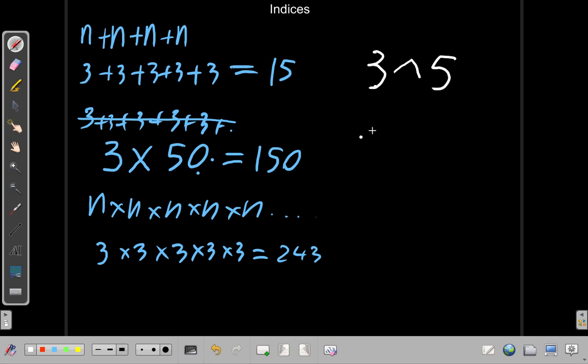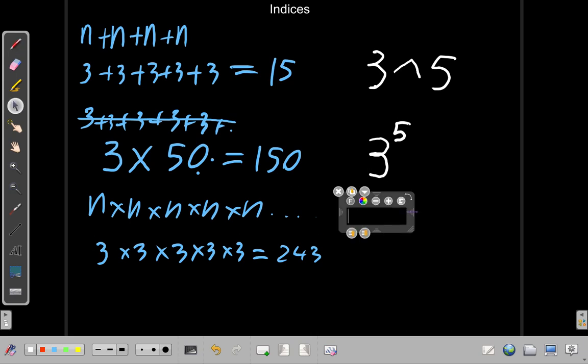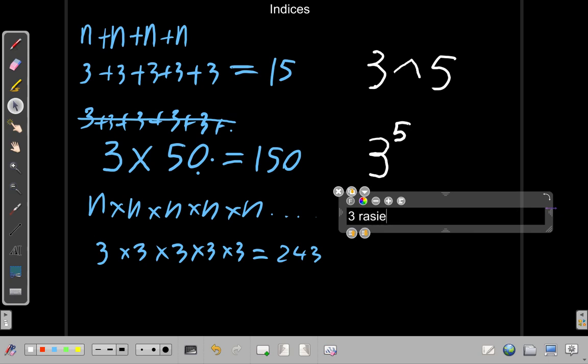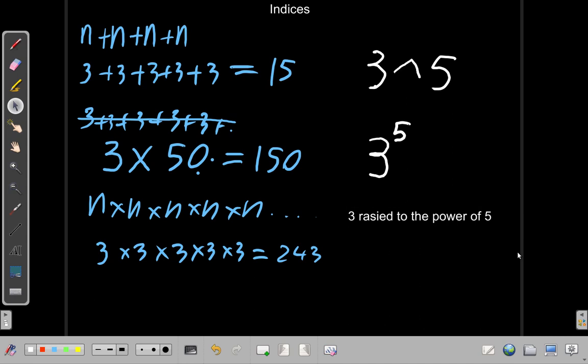Another way to show it is to write 3 as normal, and then you write 5 as a superscript. Alright? Now, in plain English, this is saying 3 raised to the power of 5. That's what it means.